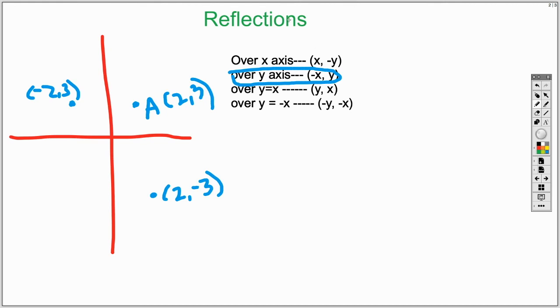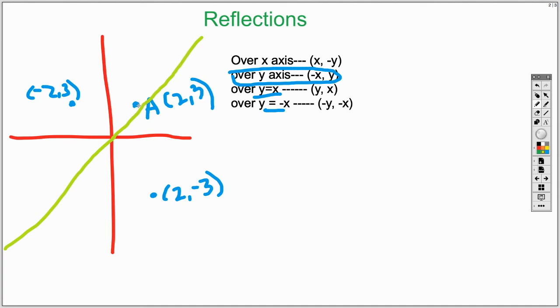However, instead of reflecting over the x-axis or y-axis, we can also reflect over y = x and y = -x. y = x is something we learned in our Algebra 1 course. It's basically a line that starts at the origin and has a slope of 1. If I draw this line, which is not drawn to scale, I would want to reflect my point over it.